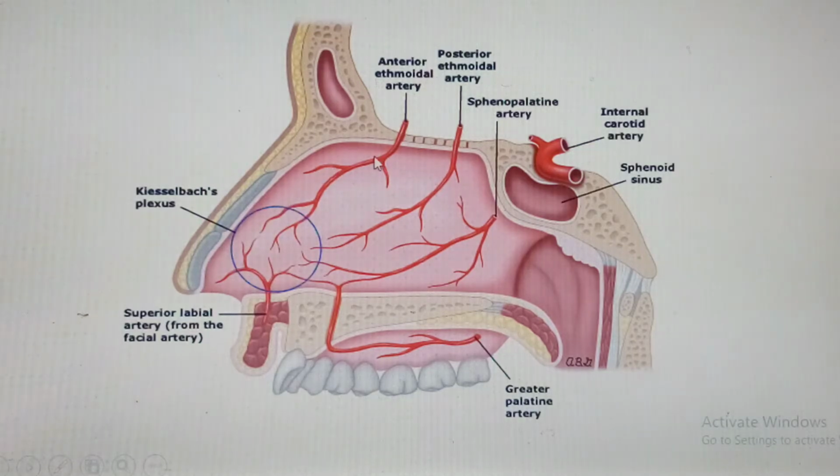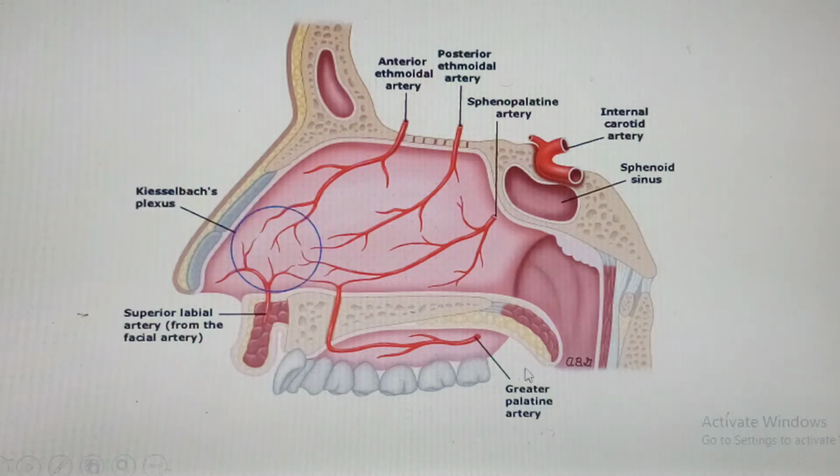And what are the blood vessels which are contributing to this Kiesselbach's plexus? From the ethmoid, we have the anterior ethmoidal artery. It also gives off the posterior ethmoidal artery. Apart from that, you know that the upper lip is also very close to this area, and therefore the upper lip will also give off a branch, which we call the superior labial artery, meeting over here.